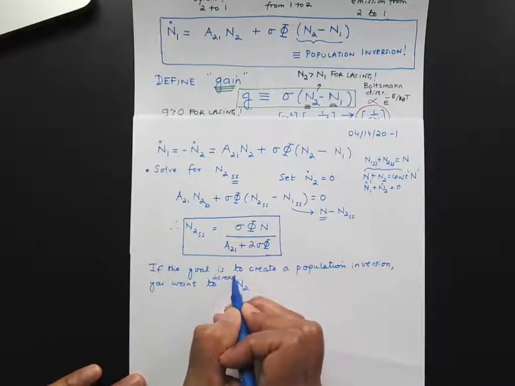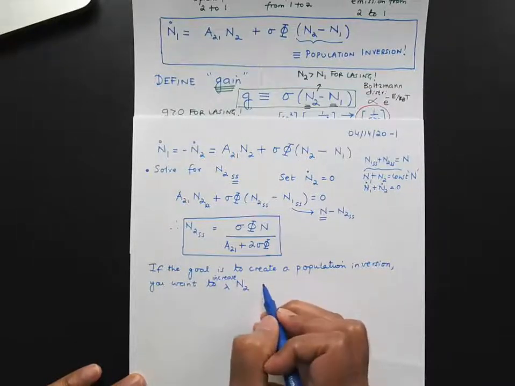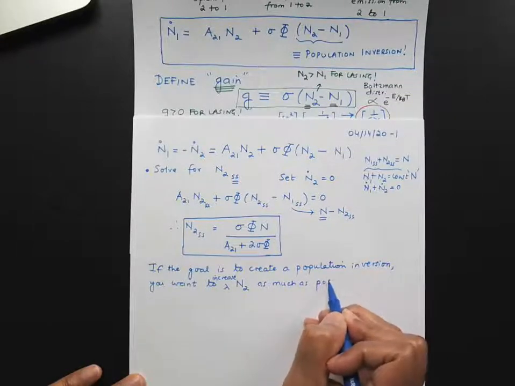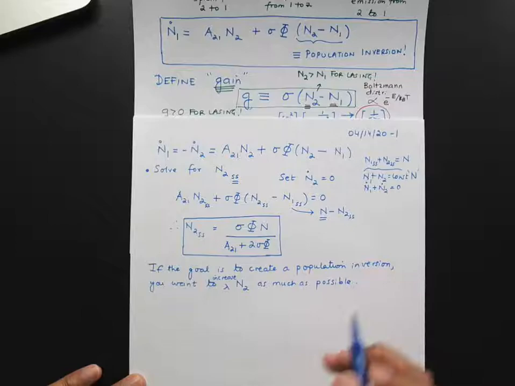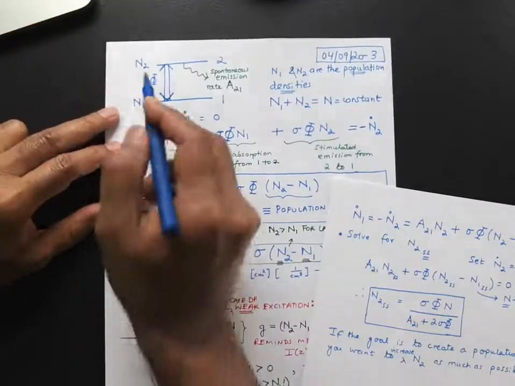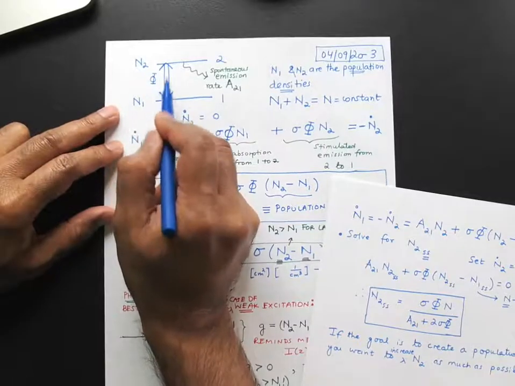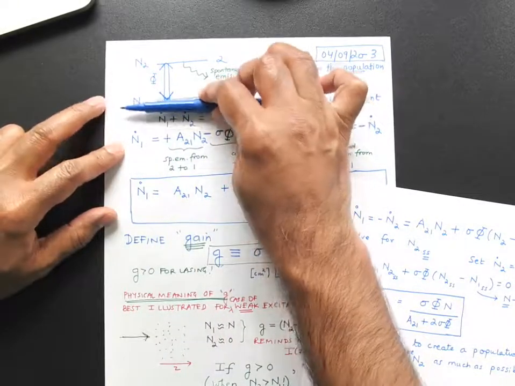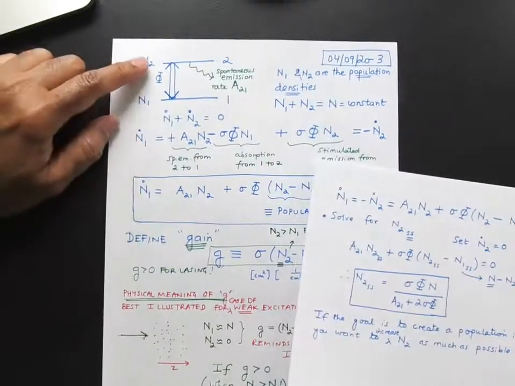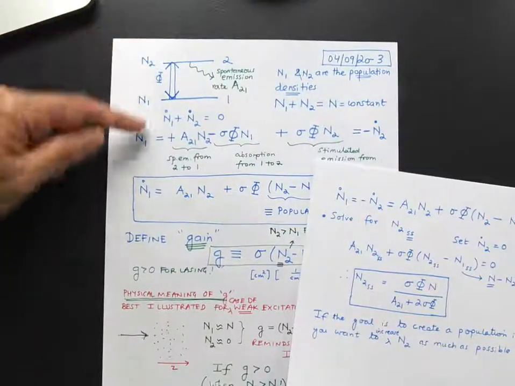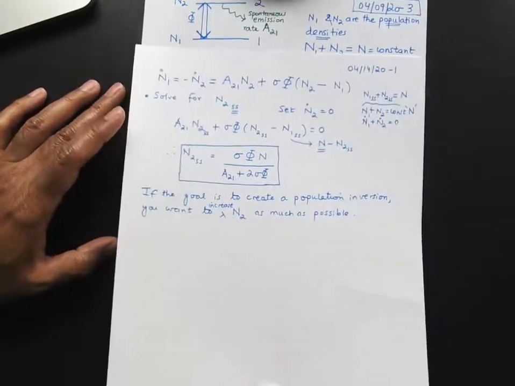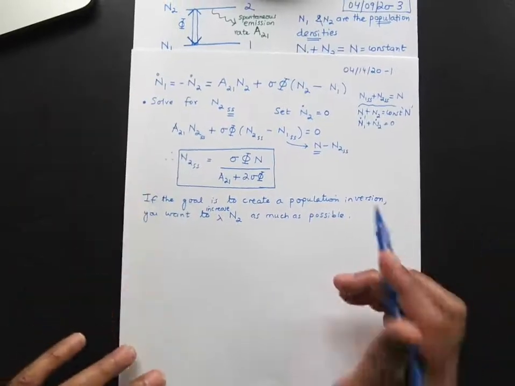Increase N2 as much as possible. And of course, the way to do that is to just start increasing the illumination to try and get as many atoms up from 1 to 2. And we've discussed this before, that they also get stimulated back at the same rate. So you really can't win. And we will see that categorically in this case.